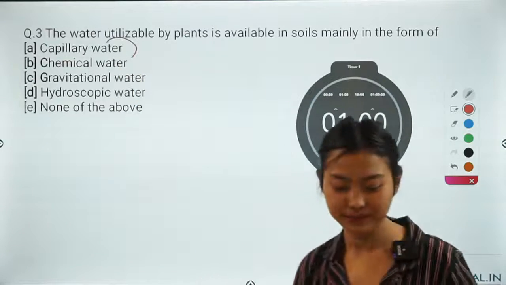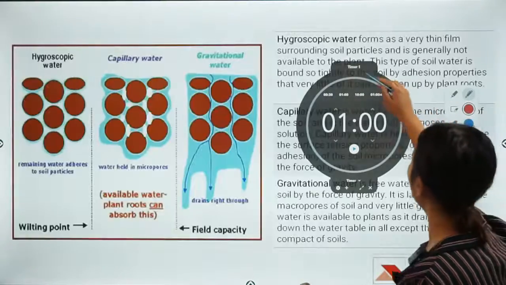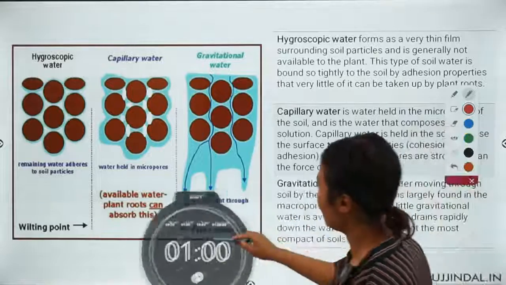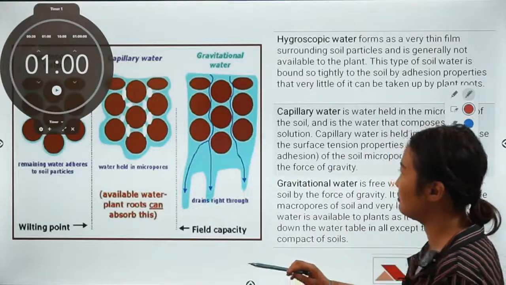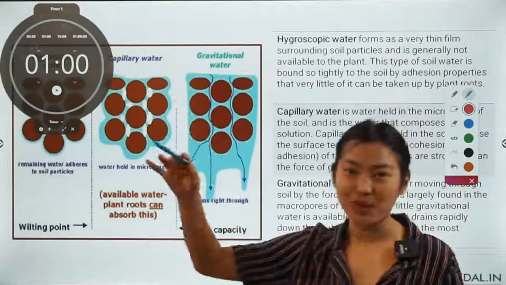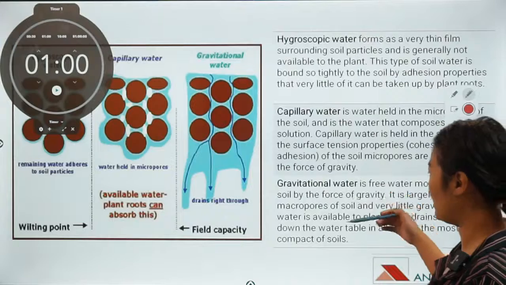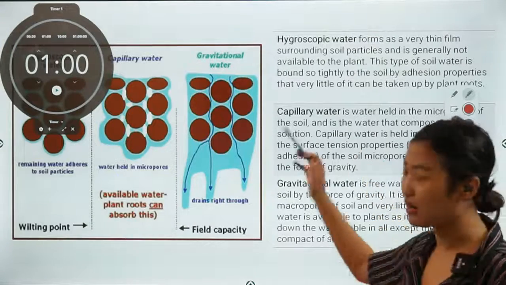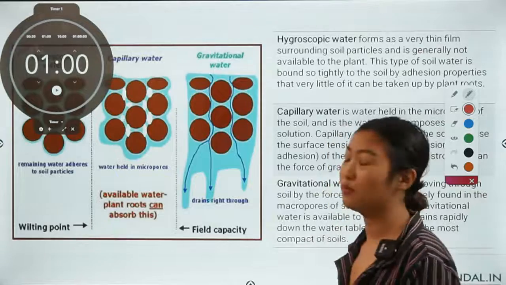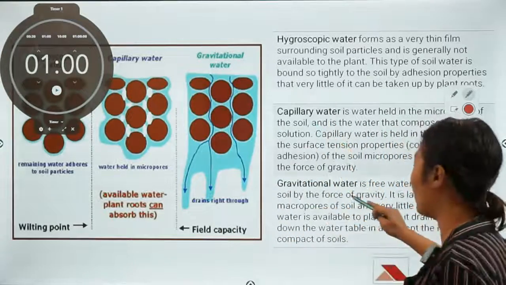Let me explain these different types of soil water. These are actually the physical classification of soil water, divided into three: hygroscopic, capillary, and gravitational water.